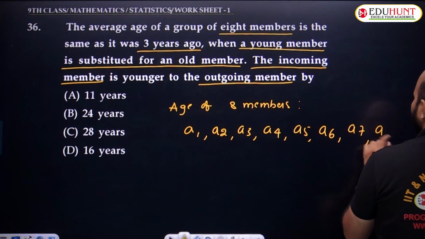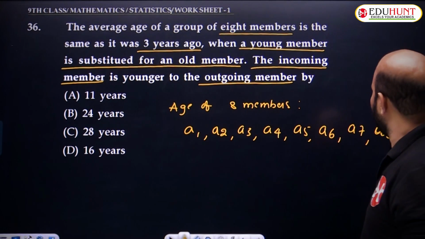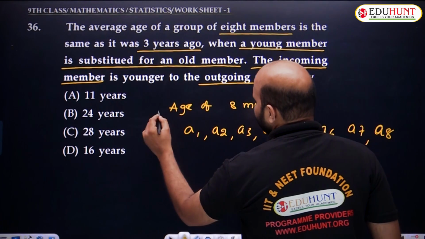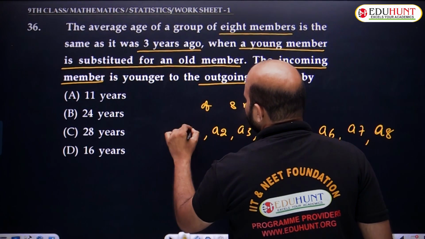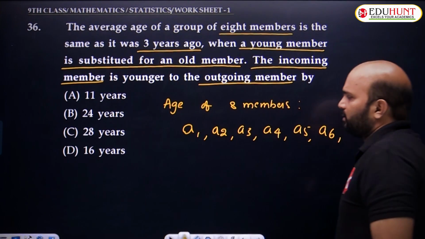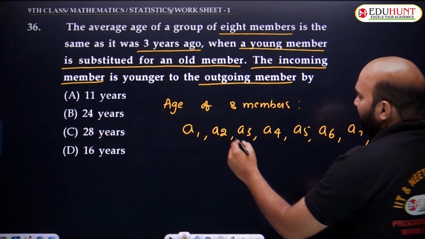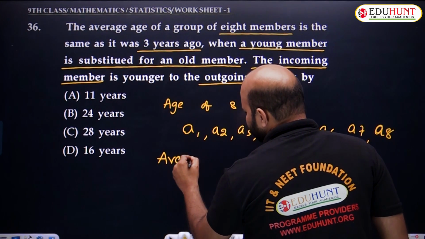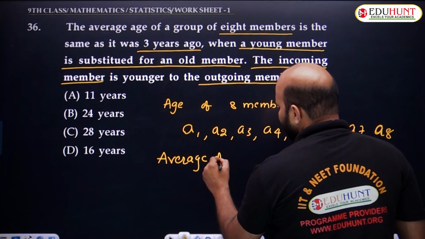So here how many members? 8 members. Let us assume A1 to A8. This is at present. Am I clear? Next, how to find the average? Whose average? The average of the 8 members.